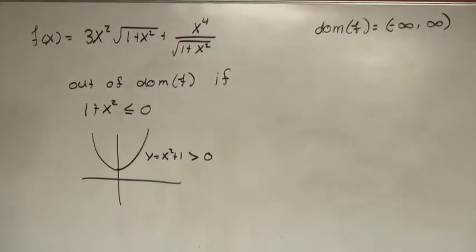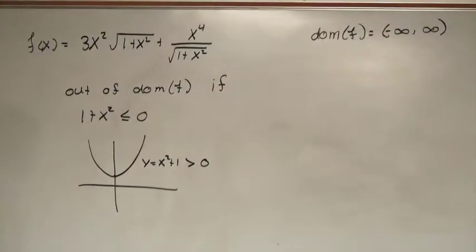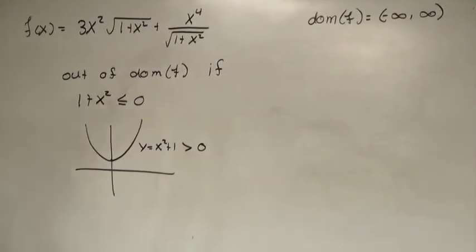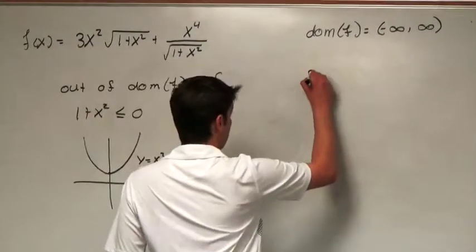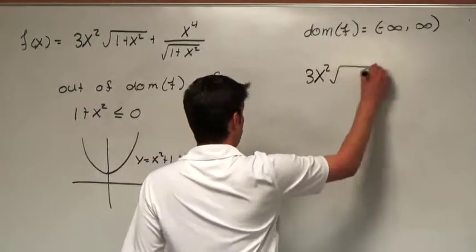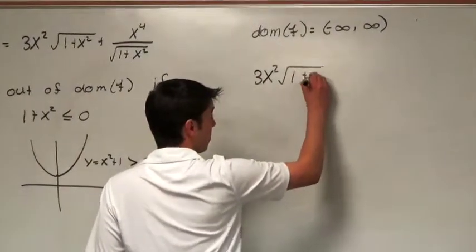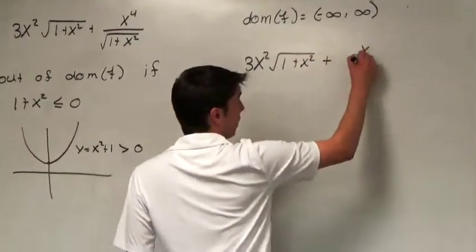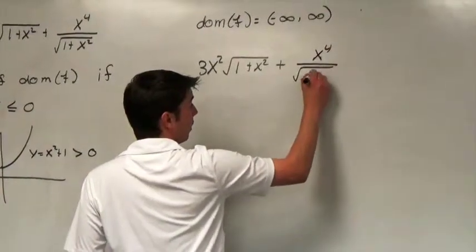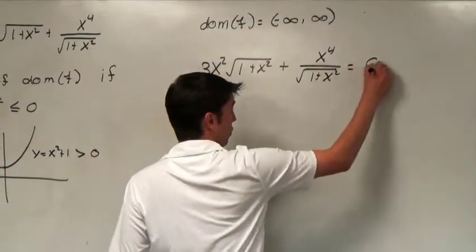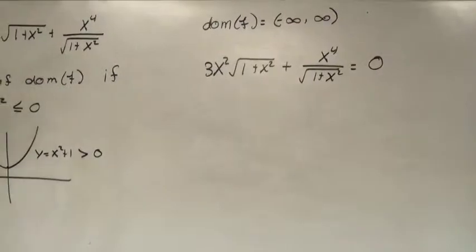All right, so now we know where the function lives. We can set it to 0, find the roots, find where it's positive and negative. So setting 3x squared over 1 plus x squared, setting the function to 0, and use the same trick we did earlier.